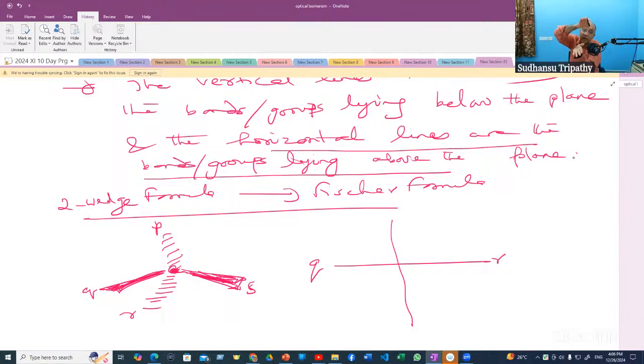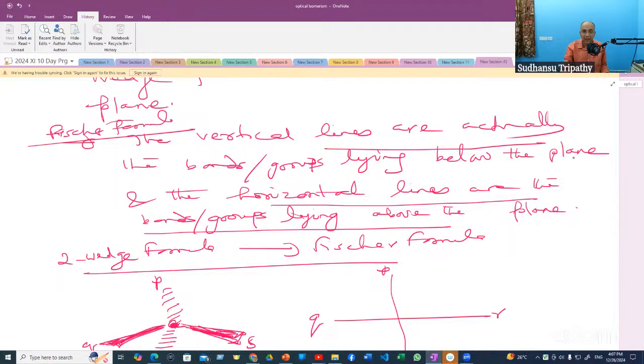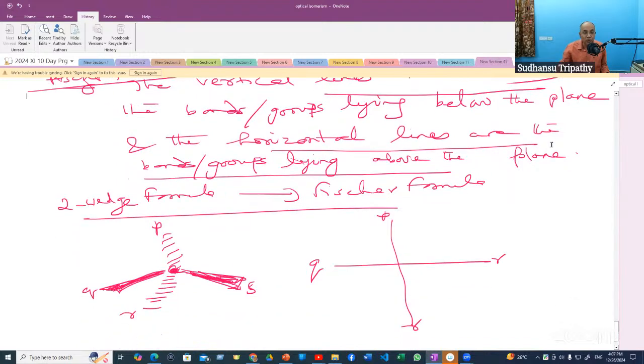And those lying below the plane will form a shadow vertically. So P and R, therefore I have written the vertical lines in the Fischer formula. They are the bonds and groups actually lying below the plane.